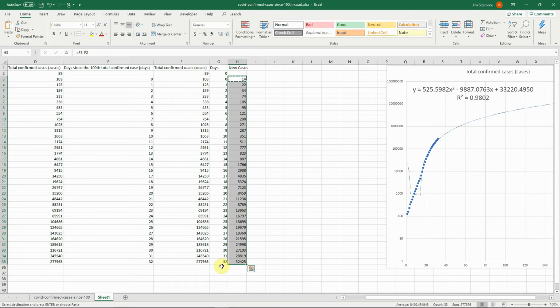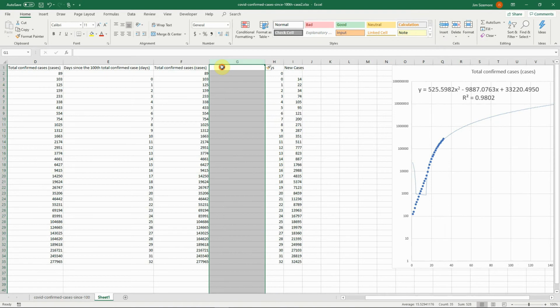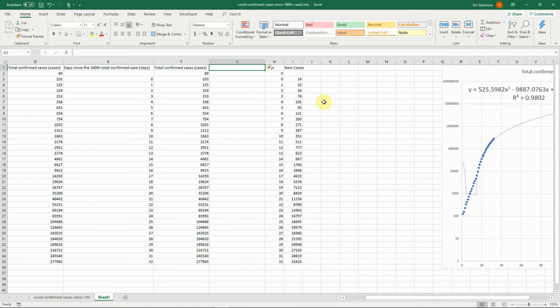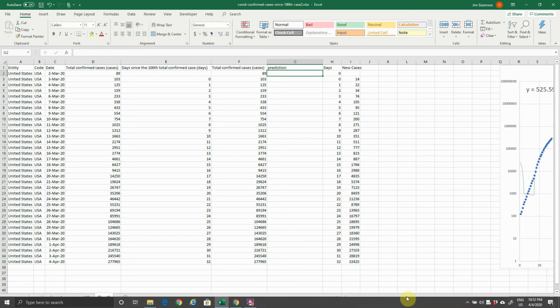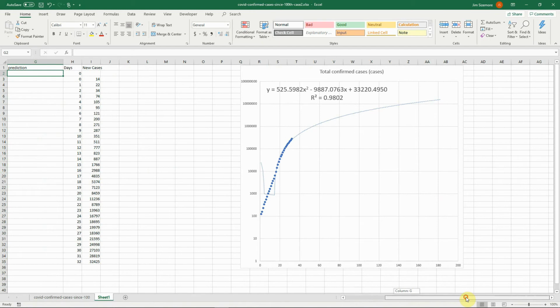Now, the prediction. I'm going to insert a column, total confirmed cases, and insert a column, and I'm going to call it prediction. Oops, come on. So we're going to need this later, but we're going to have a new cases predicted.